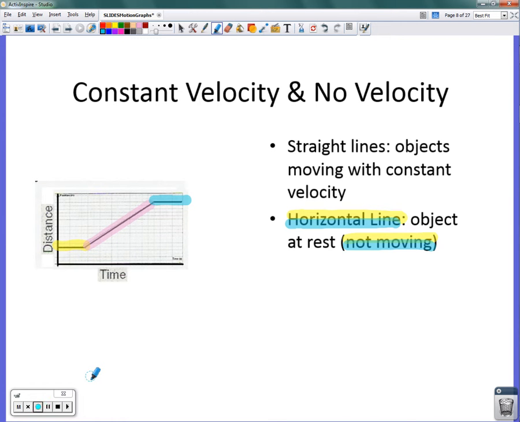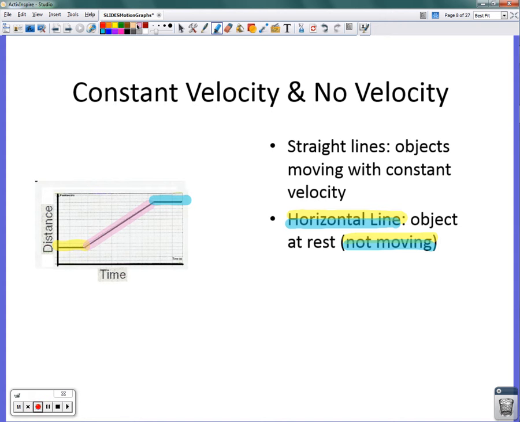Now, they're at rest in both occasions, but they're in different spots because the y values of the graph during that section are different. This is much closer to the starting point than this one is. And that means that during the pink section, some type of movement had to have happened. Like I said, we're going to start off with the simplest case scenario with constant velocities.